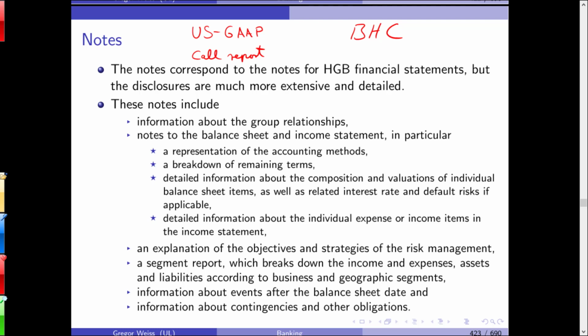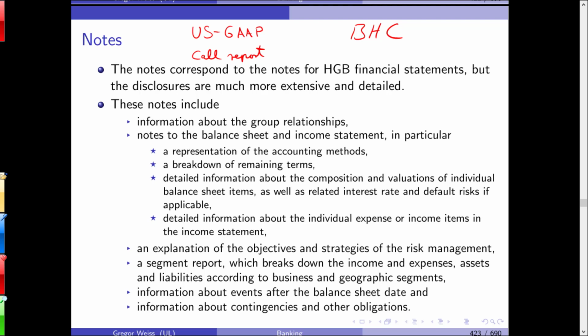The only difference is in the US, these regulatory reports are published and need to be disclosed, and you can download them, for example, from the Fed. If you simply go to Google and search for call report 2016 JP Morgan, you will be able to download the call report of JP Morgan for 2016. I think probably with the Federal Reserve.